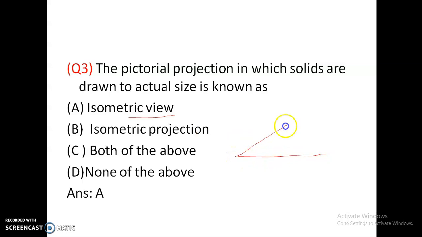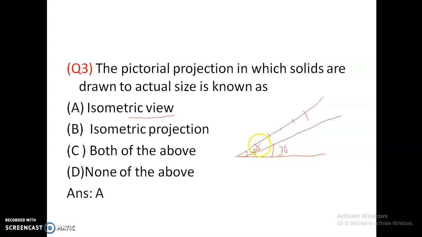Okay, take a 45-degree line. On the line, mark 1 centimeter, 2 centimeter, 3 centimeter, 4 centimeter, 5 centimeter like that, and draw another 30-degree inclined line. This scale is known as the isometric scale.